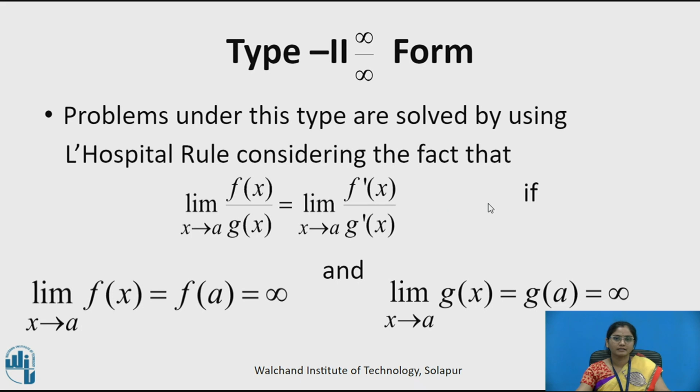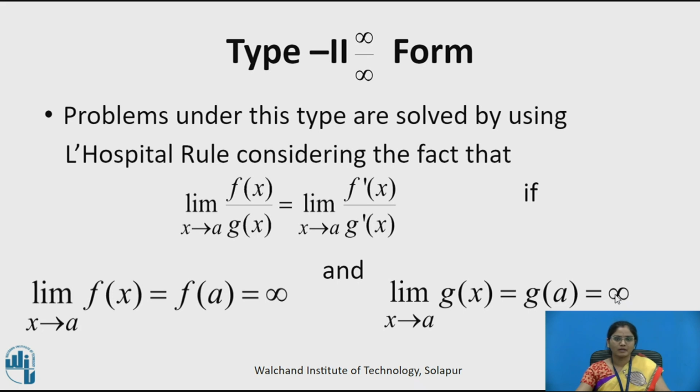Considering the fact that limit x tends to a f of x upon g of x is equal to limit x tends to a f dash of x upon g dash of x, if limit x tends to a f of x is equal to f of a, which gives you infinity, and limit x tends to a g of x is equal to g of a will be infinity, which forms infinity by infinity form.